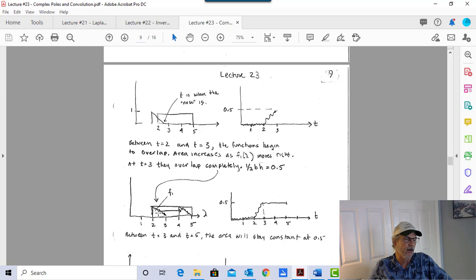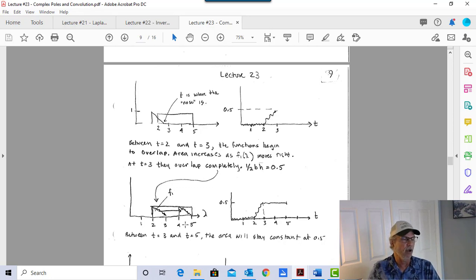Here's my scenario. And the overlapping area is going to be just 1/2 the base times the height, which equals 0.5. So see how in my output, when I get up to t equals 3, I know that my output is 0.5.